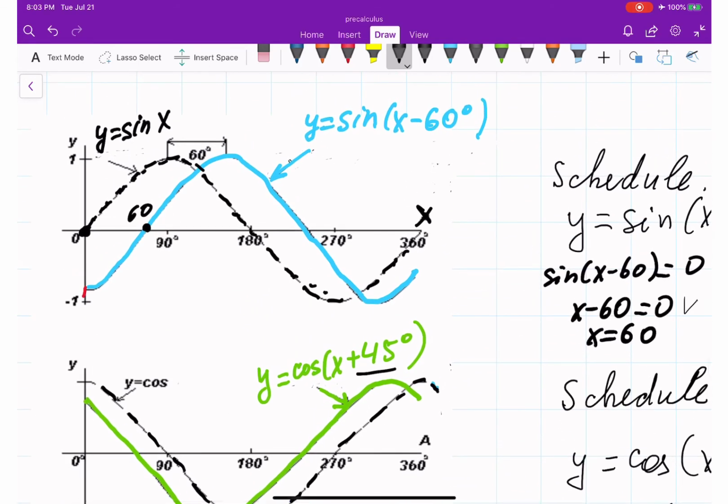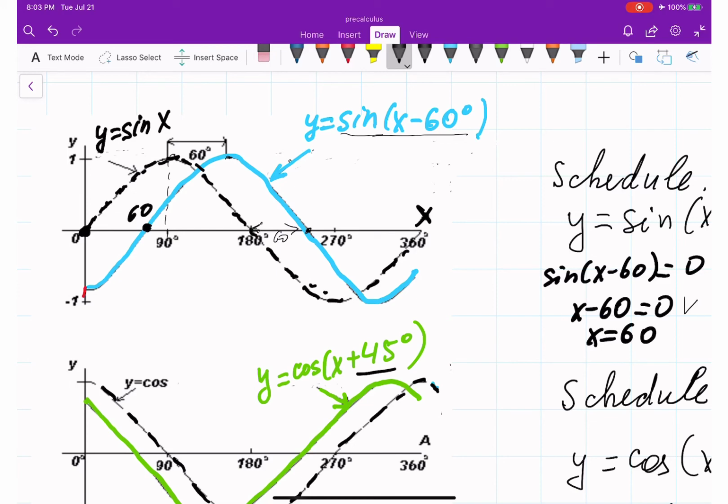So whenever sine x is equal to 0, then for sine x minus 60, it's starting at 60. So this is your 90 degrees for sine x, and this is your 60 degrees for sine x. This is the new sine x minus 60. The difference between this and this is going to be 60 degrees because they are shifted from each other. So this point will be how much? 180, because this piece is going to be 60 difference.